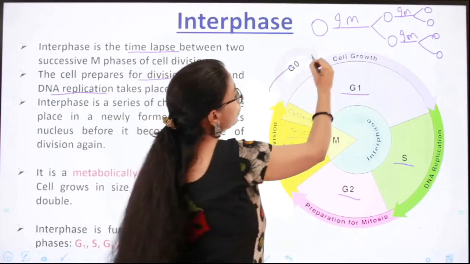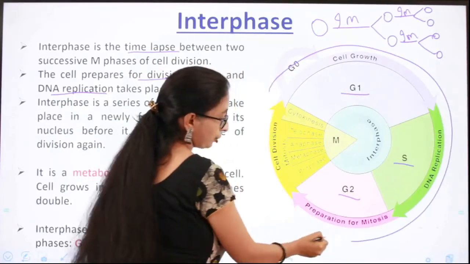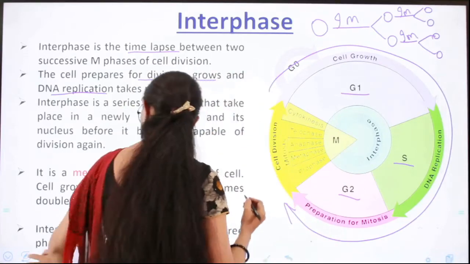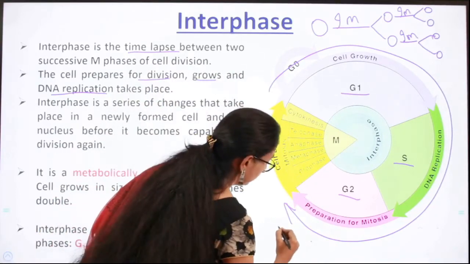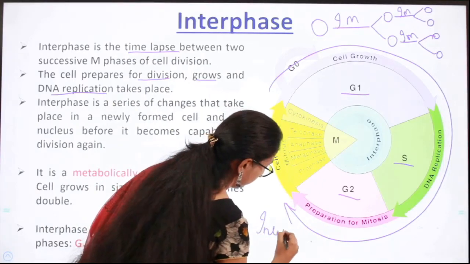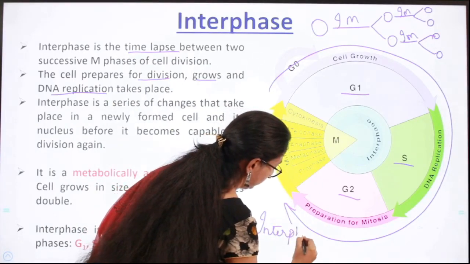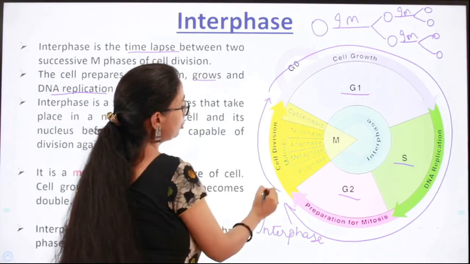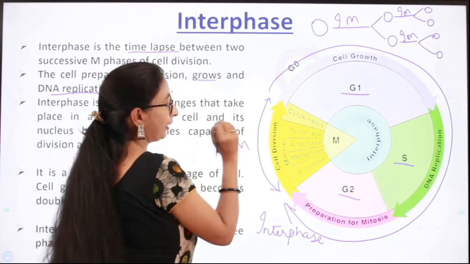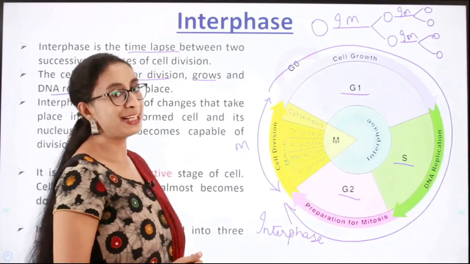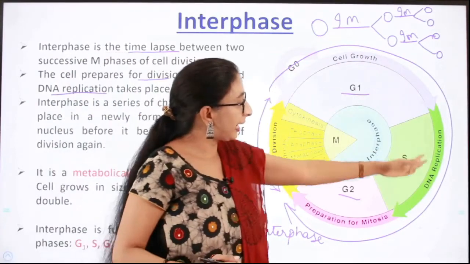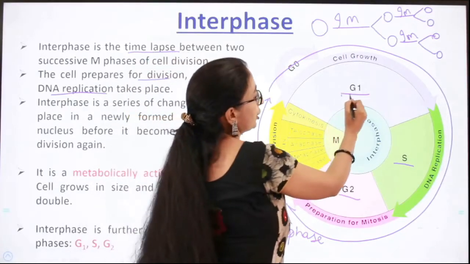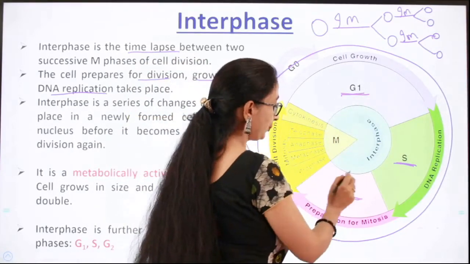I already told you this entire stretch of the cell cycle is interphase, whereas only this stretch marked in yellow is the M phase or the mitosis phase where the exact cell division happens. So this entire interphase can be further divided into three different stages, which is G1, S and G2.